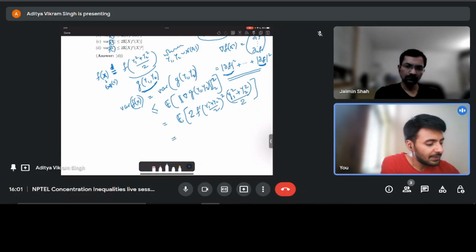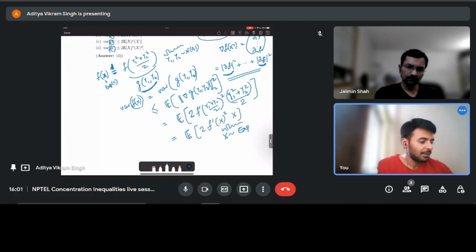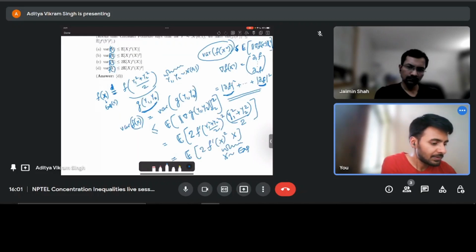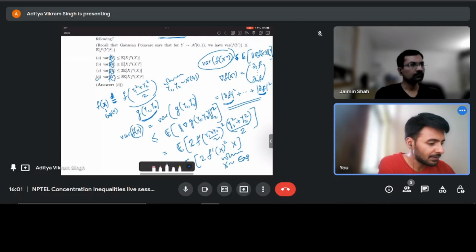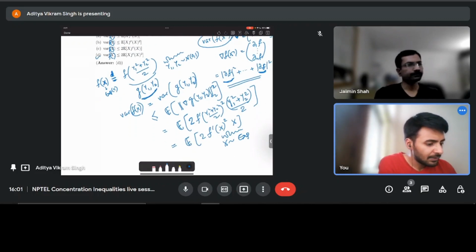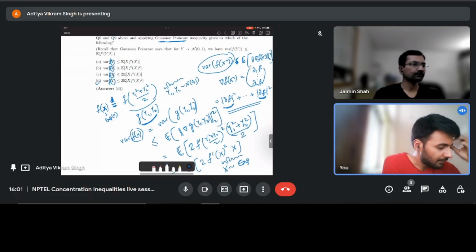So this is the same as the expectation of 2 times f'(X) the whole square times X, where X is exponential. So this D would be the correct answer. Again, there is a typo here; it should be variance of f(X).